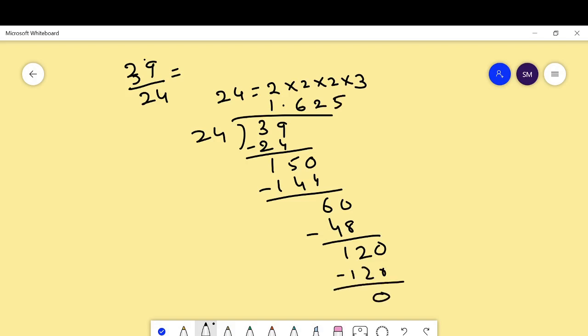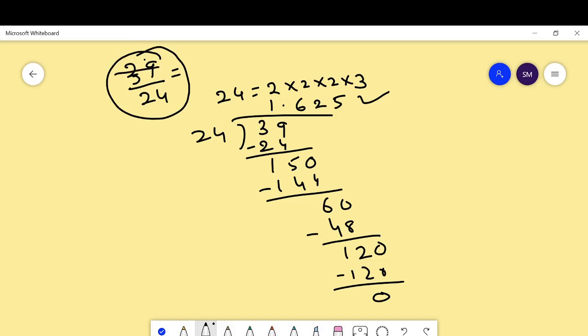Yes, we get a definite terminating decimal number, but I have already told you, when we factorize the denominator, if we get only 2 or 5, this is terminating. Otherwise this is not terminating. When we try the long division method, at first convert it into lowest terms. This is not in lowest terms. This is the mistake.